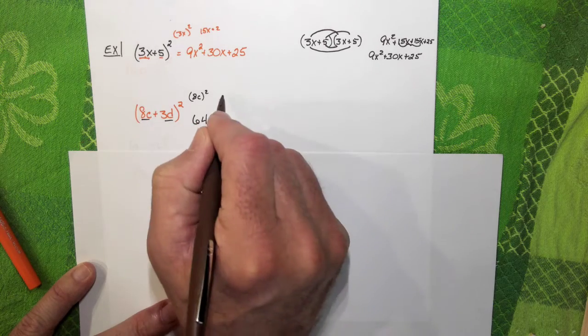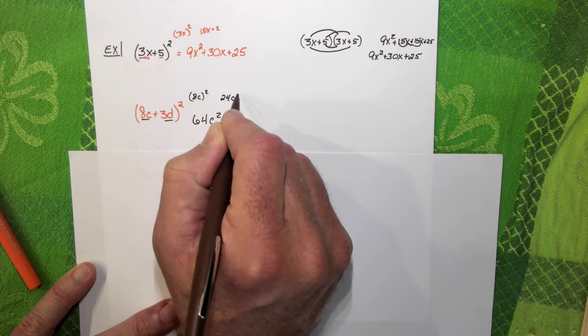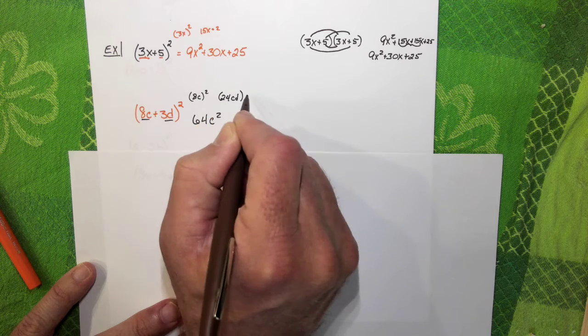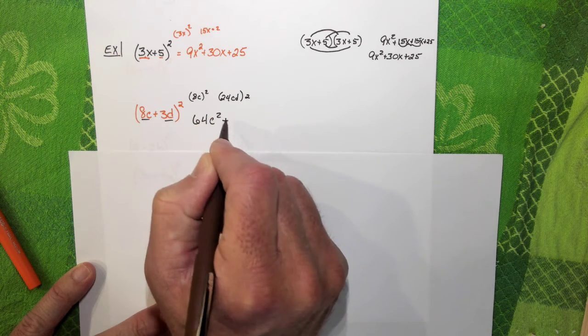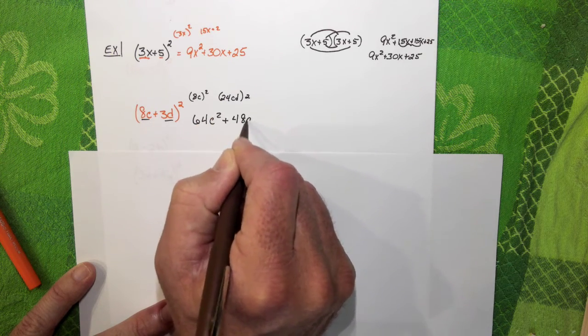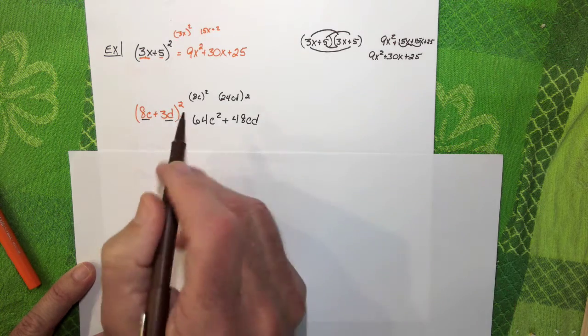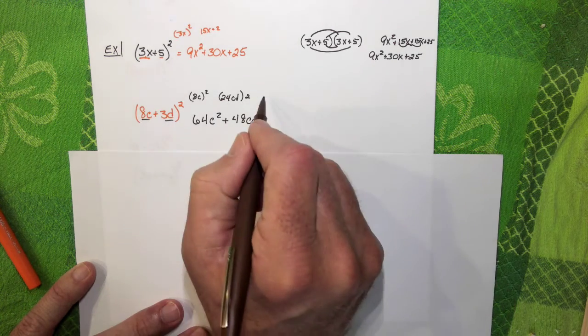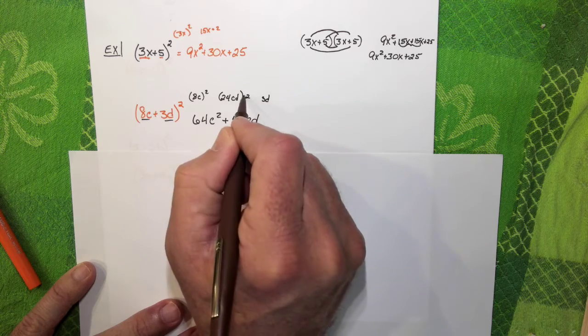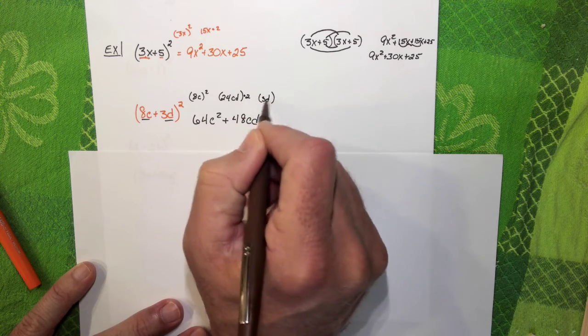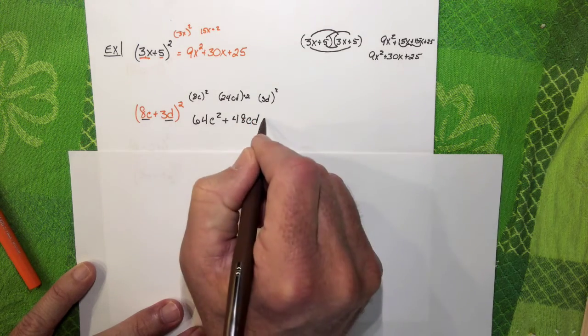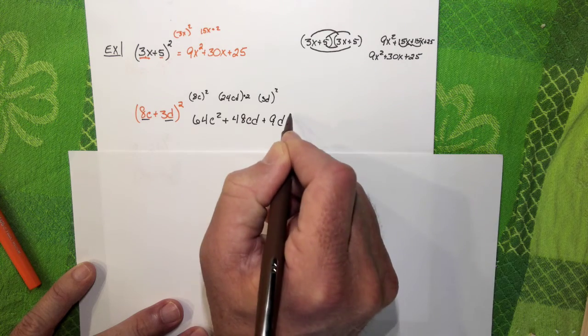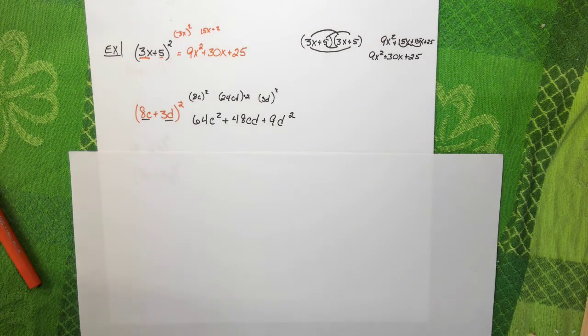That's 8 times 3, 24cd, but then that has to be multiplied by 2. And then you got to take this last term, 3d, and square it, plus 9d squared.